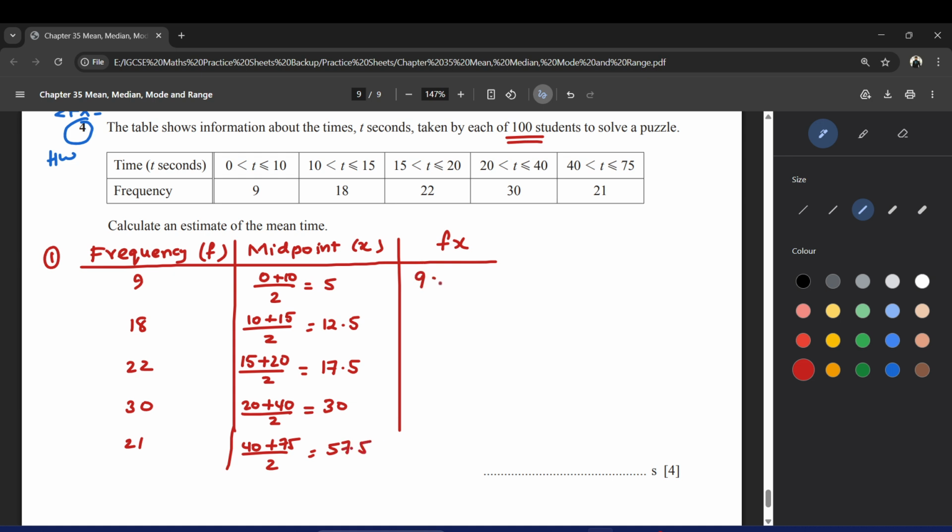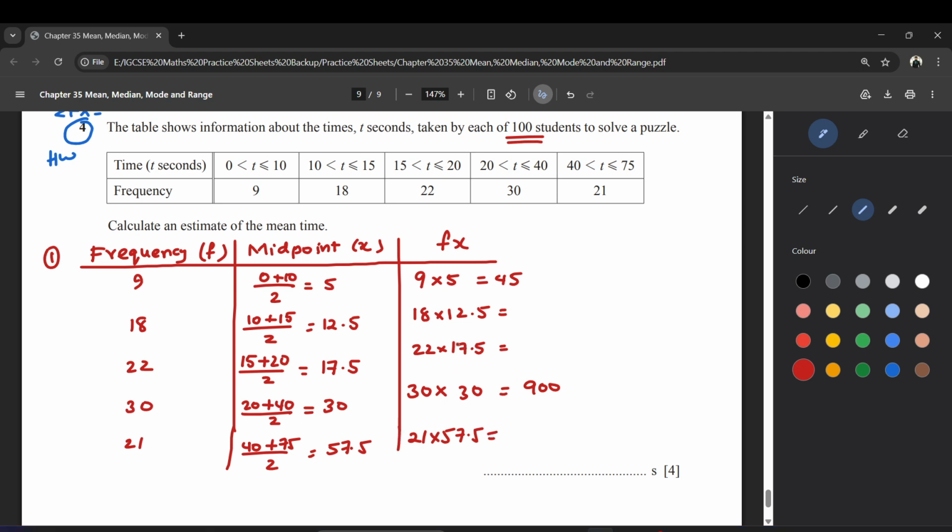Now fx will be frequency times the midpoint value, so 9 times 5, that is 45. Then we have 18 times 12.5. Then we have 22 times 17.5. Then we have 30 times 30, which would be 900. And finally 21 times 57.5. So now we're going to work them out.